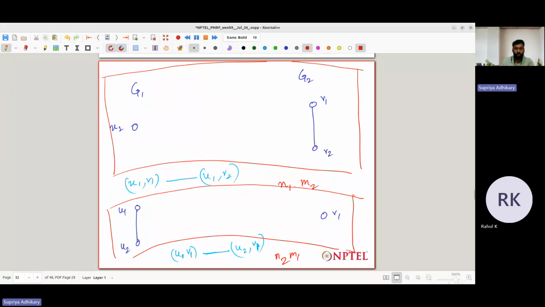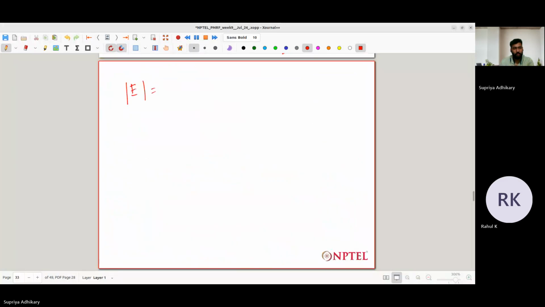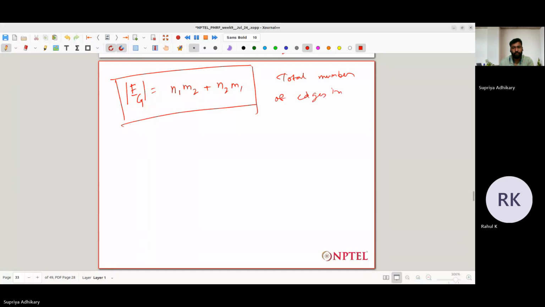So the total number of edges in the graph G is nothing but N1 M2 plus N2 M1. So this is the total number of edges in G1 cross G2.